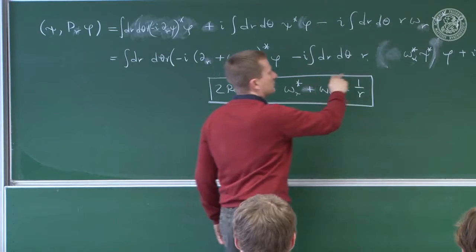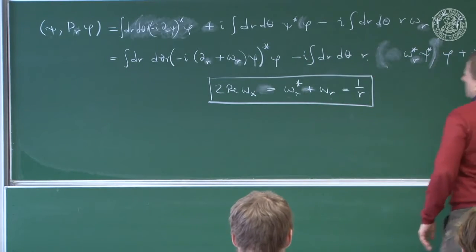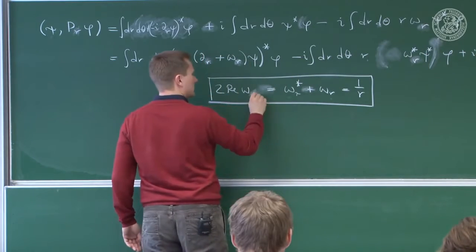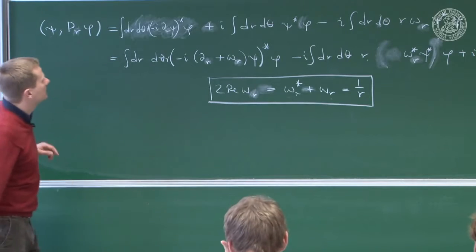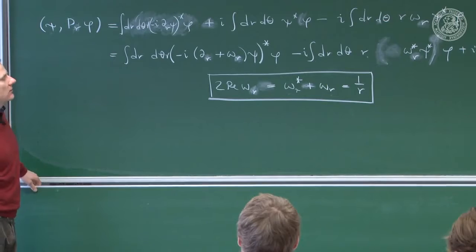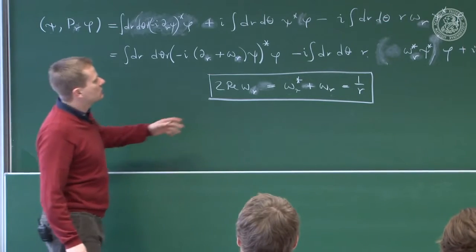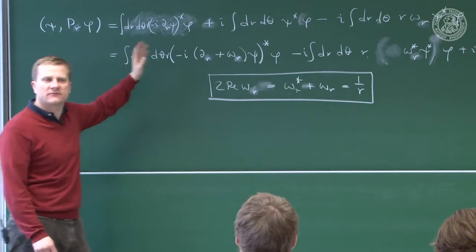This is the omega r. Yeah, that's okay. Good. Anyway, so that was what we wanted to see, and we can choose the imaginary part to be 0 and nothing changes, everything works out fine.